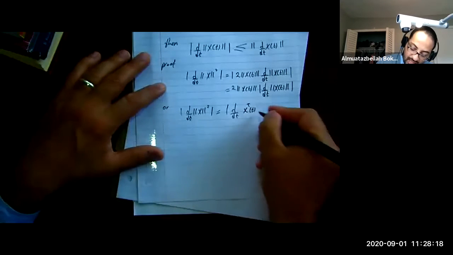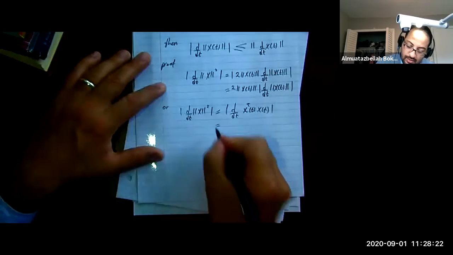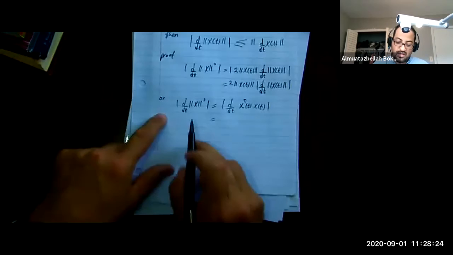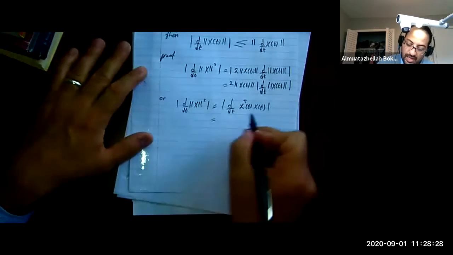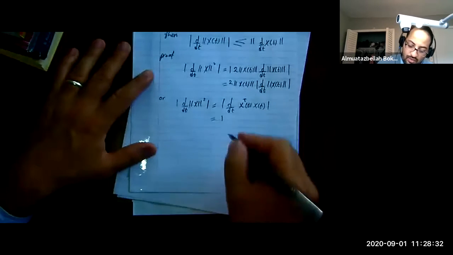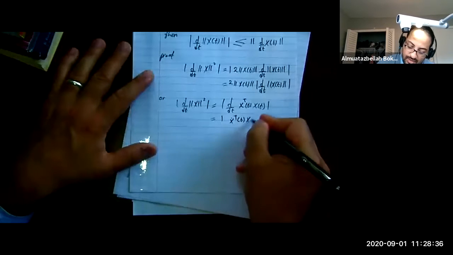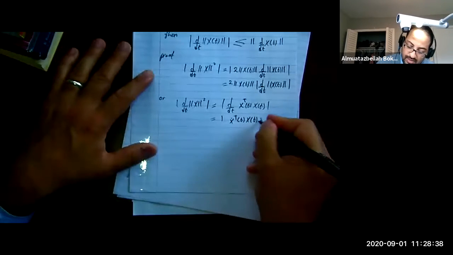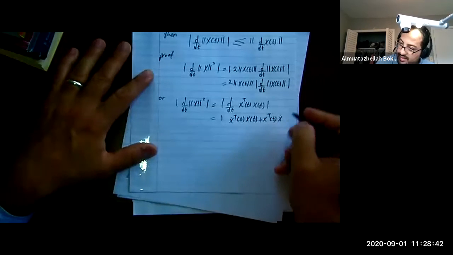It's nothing but x transpose of t times x of t. So this is just the definition of the norm squared. So applying the product rule, the chain rule, you will have x dot transpose of t times x of t plus x transpose of t times x dot of t.